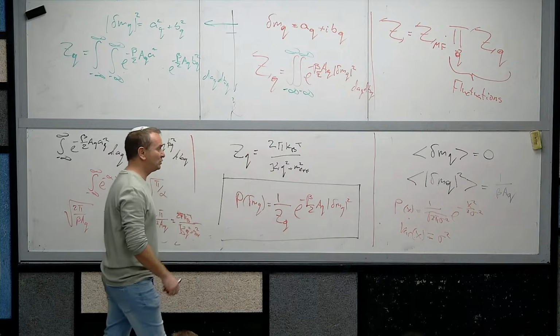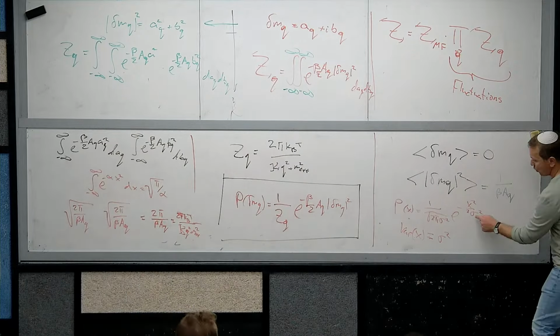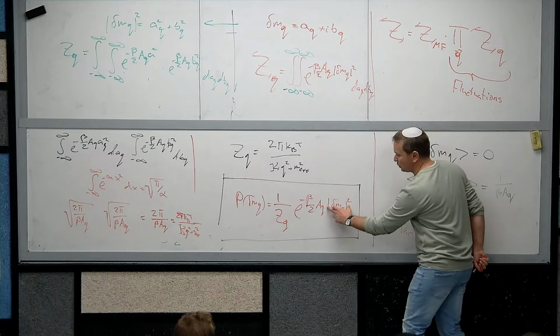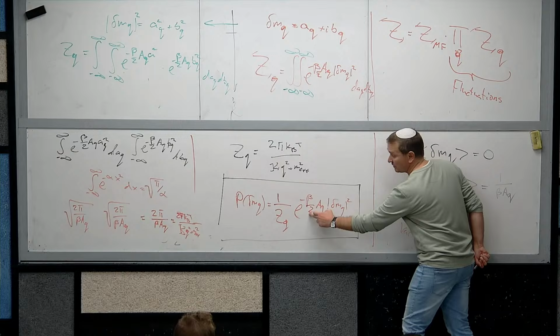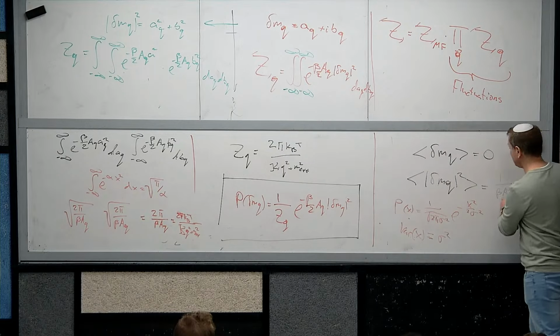So if you want to compute the variance, the only thing you need to look at is what stands inside: x squared divided by 2, and whatever is left is your variance. We have delta m_Q squared, which is our x, divided by 2. Whatever is left is 1 over beta A_Q. This is your variance.